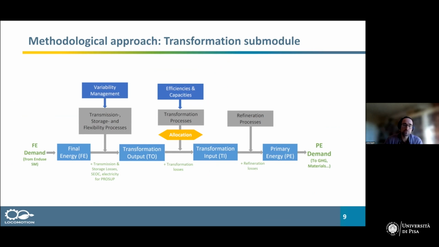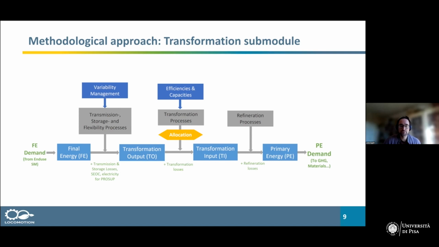We take into account transmission losses, storage losses, sector energy own consumption, or electricity that is used for flexibility processes, to end up with the transformation output demand that our power plants or that our energy system needs to supply.